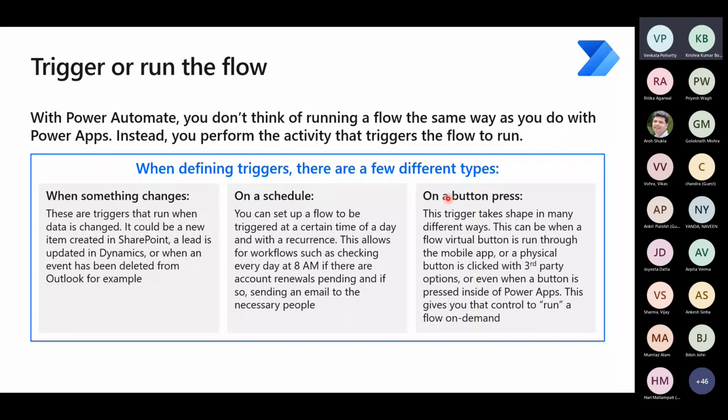And the other one is a button press, like when a physical button is clicked on third-party options, or simply on a particular button press. For example, there is a field person for a product.